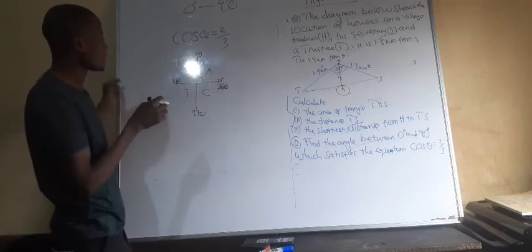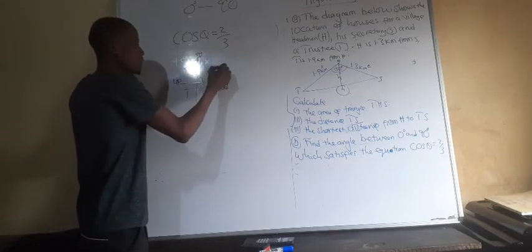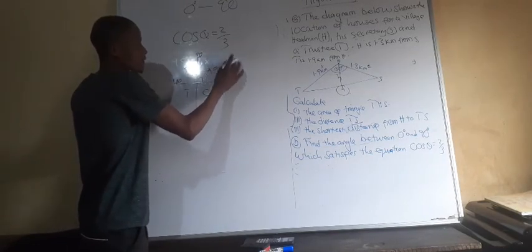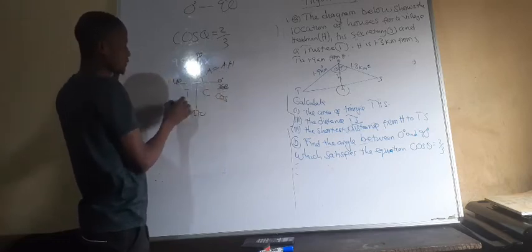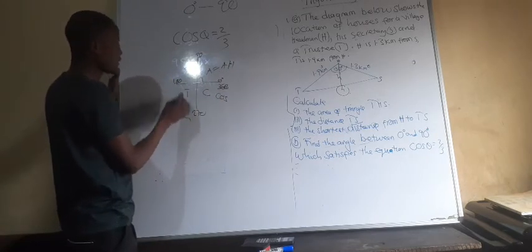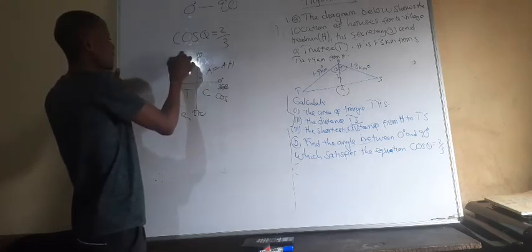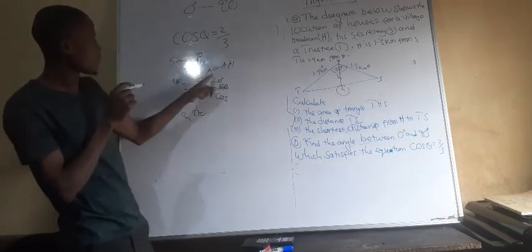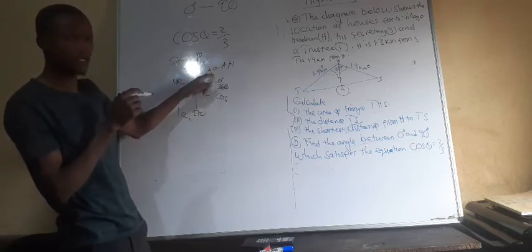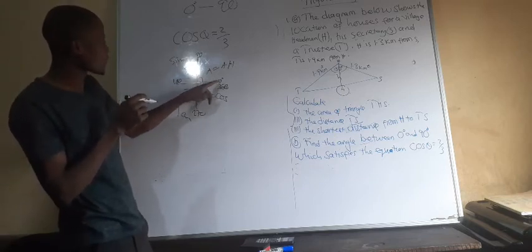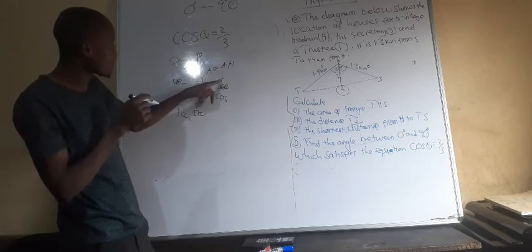Now, all of these, A stands for All. This one stands for cosine, this one stands for tangent, this one stands for sine. Now, All stands for all these ratios here being positive together. So all are positive when the number is between 0 and 90 degrees.